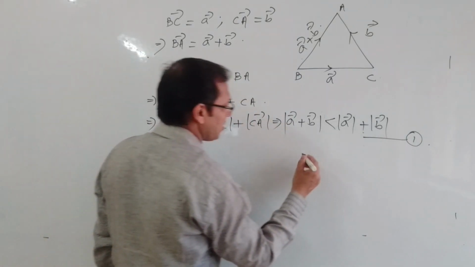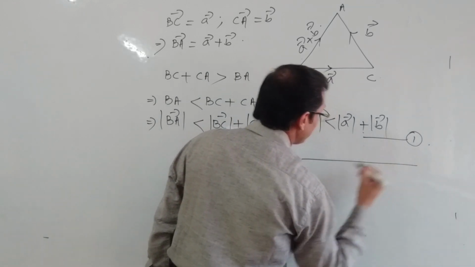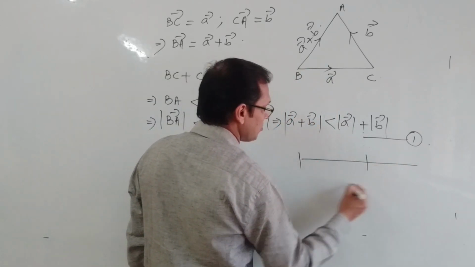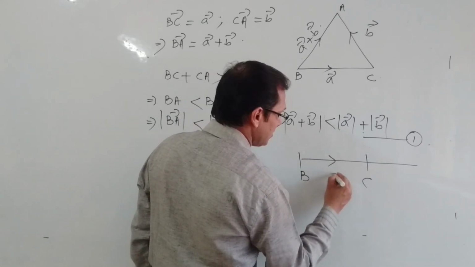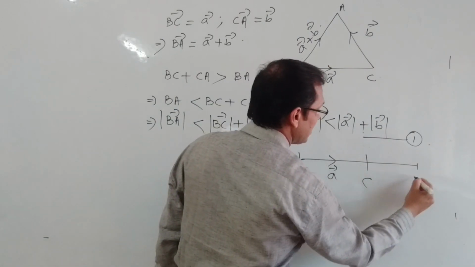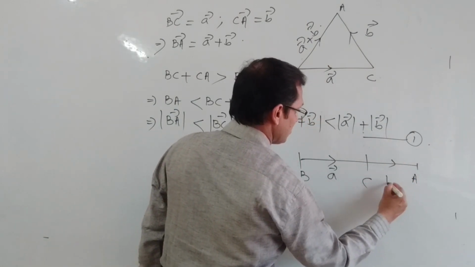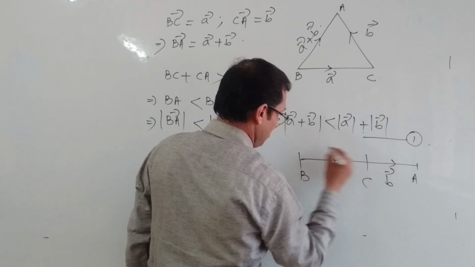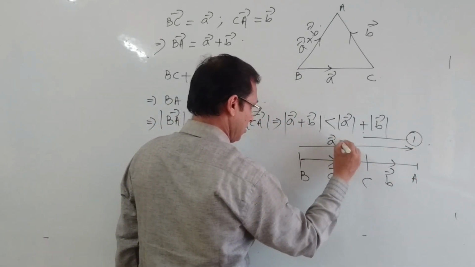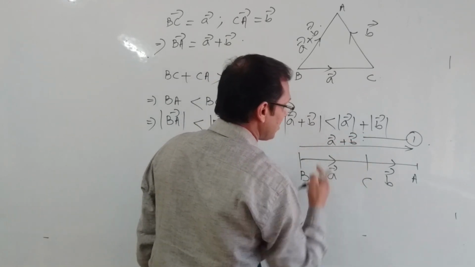For the equality symbol, you have to take when A vector and B vector are collinear. A vector means BC. Suppose this part is BC, that is A vector, and suppose CA is here, and this one is B vector. Then BA vector is this one, the A vector plus B vector.